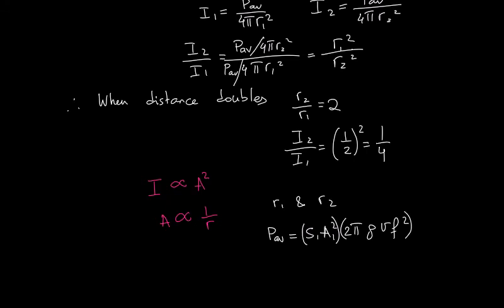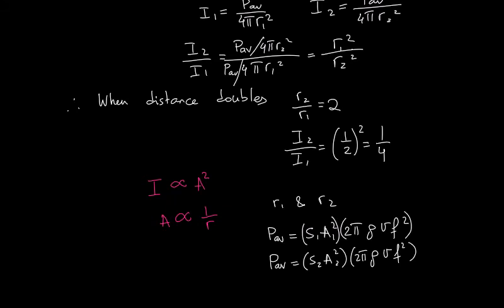I manipulated the expression a little bit so we can easily see what's going on. Then the average power for the second one, I can write S2 A2 squared. The remaining part is constant because we have the same material, the same wave with the same frequency.